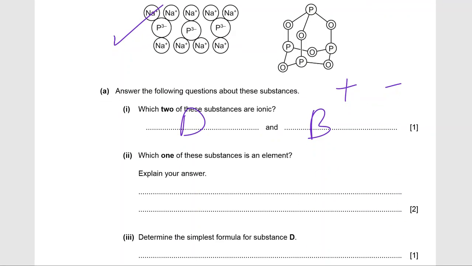Next question. Which one of these substances is an element?